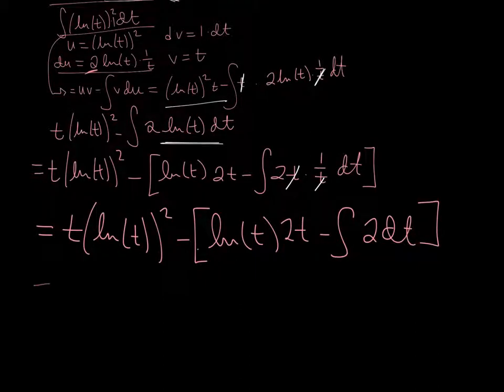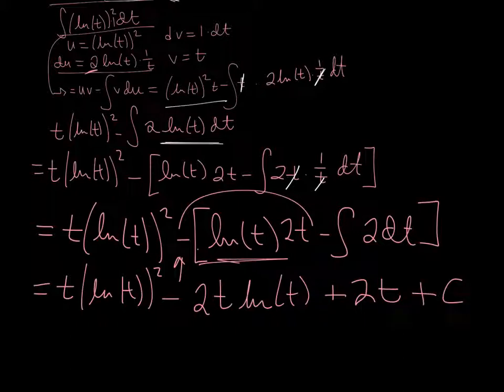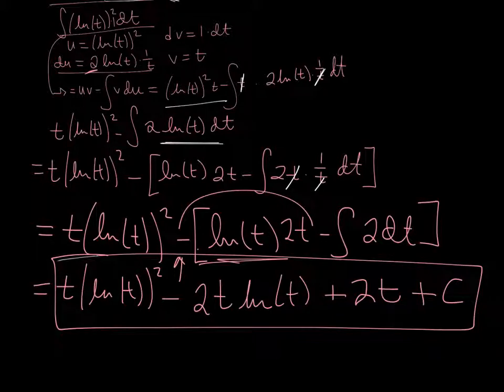I'll distribute that negative. I probably could have put the 2t first, so minus 2t ln of t, that's just that piece. And then if I find the antiderivative of 2, that's going to give me 2t, but notice I've distributed the negative, so this becomes a positive, and then plus c, which gives me my final answer.